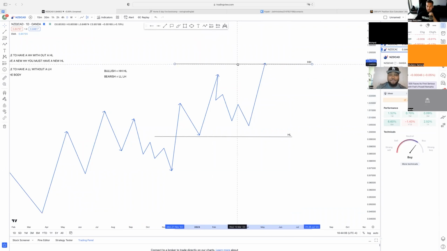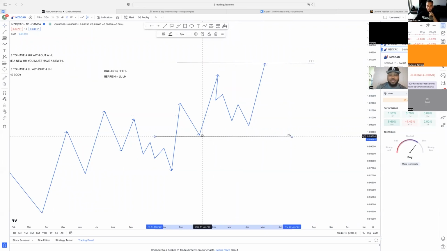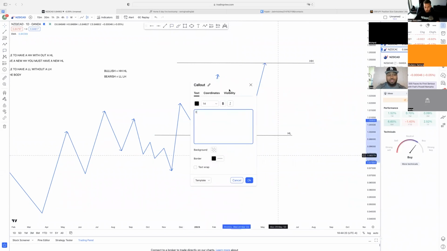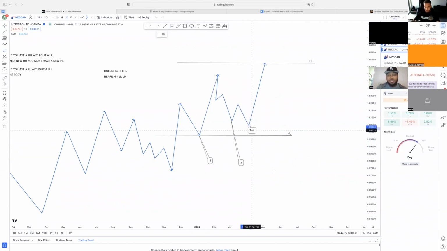So we move this as the higher high. Now, does the higher low go to point 1, 2, or 3? One, 2, or 3?